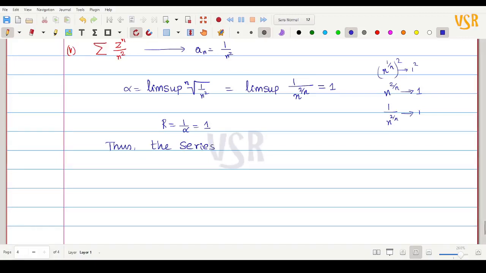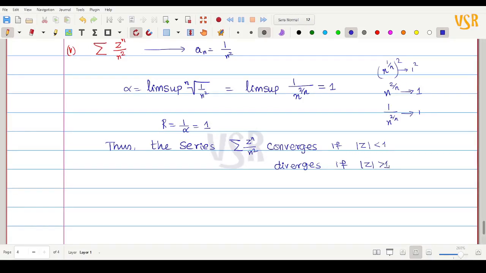Thus the series summation z to the power n divided by n square converges if mod z is less than 1 and diverges if mod z is greater than 1.